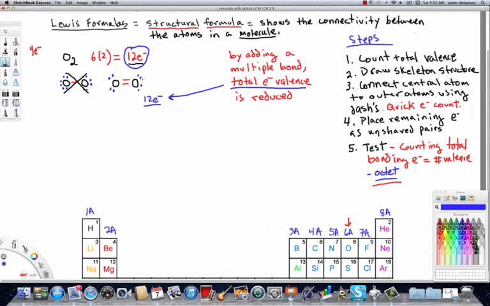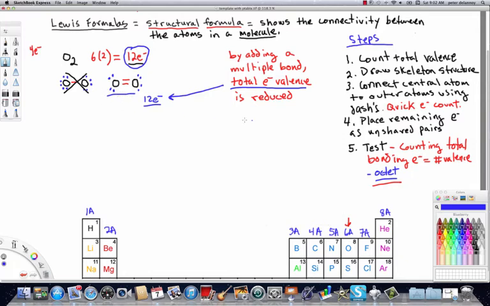We already know we have that, but let's count again: 2, 4, 6, 8 on this oxygen, 2, 4, 6, 8 on this one. So this is the best structure.